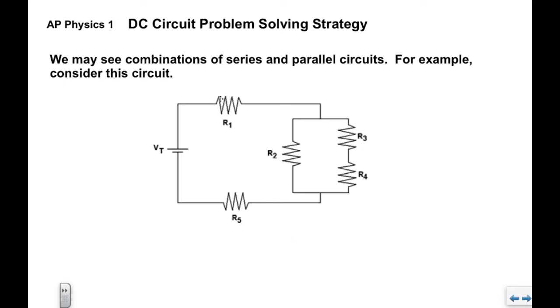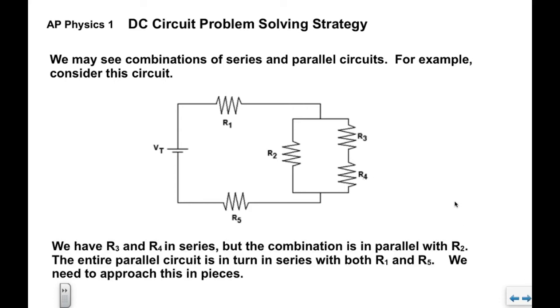Now we want to take this whole circuit and reduce it to a single equivalent resistance. We can see that 3 and 4 are in series, but that series combination is then in parallel with R2, and then this entire parallel combination is then in series with both R1 and R5.